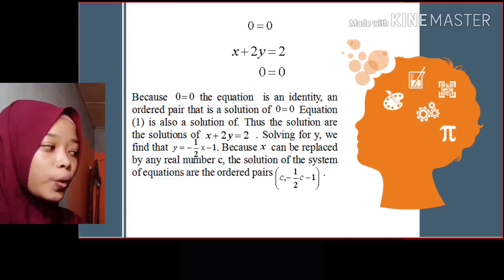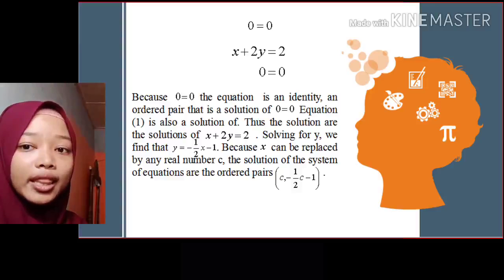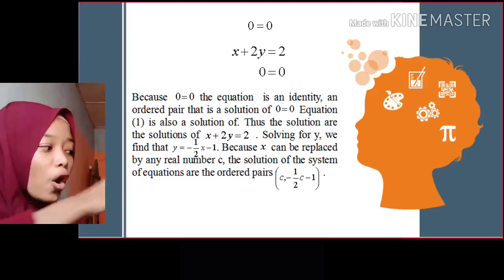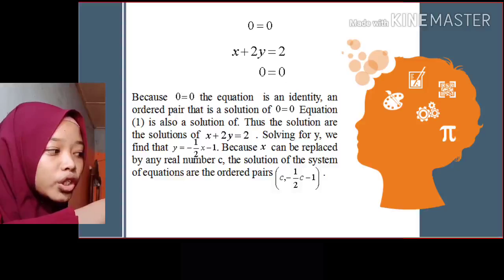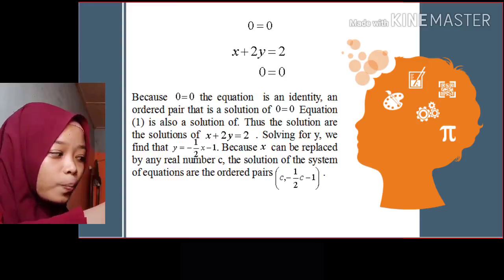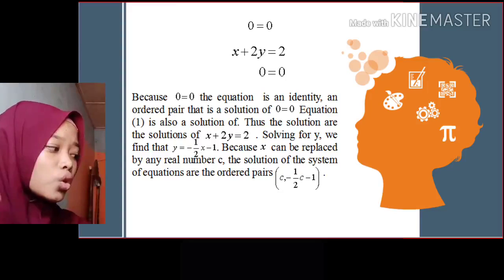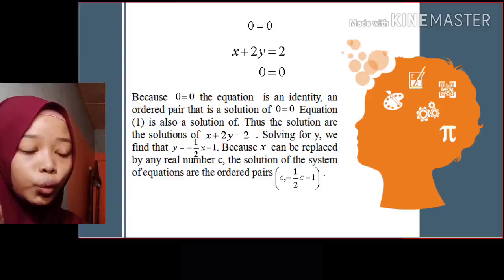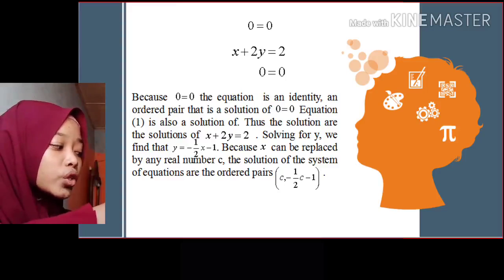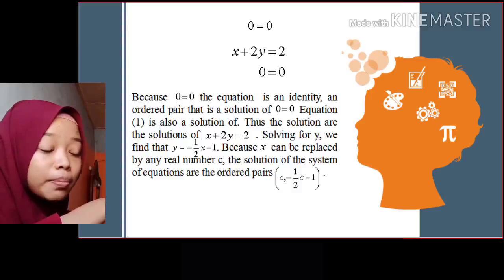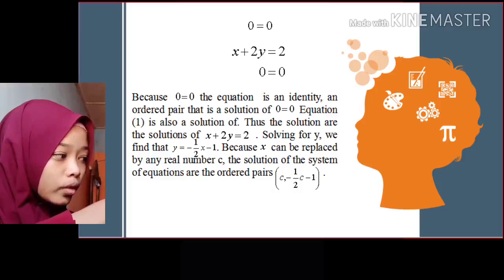Because 0 equals 0, the equation is an identity. An ordered pair that is a solution of equation 1 is also a solution of equation 2. Thus, the solutions are the solutions of x plus 2y equals 2.